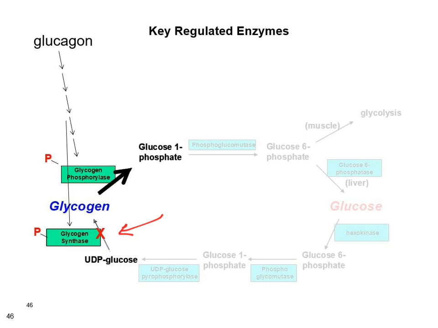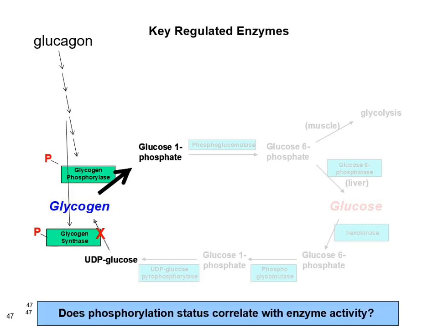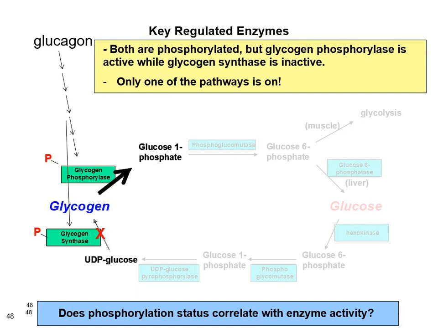It turned one enzyme off and the other enzyme on, thereby shutting down one pathway and only activating the other pathway. And just as a reminder, does phosphorylation status correlate with enzyme activity? The answer is no, because obviously both these enzymes were phosphorylated, but their activities were completely opposite.